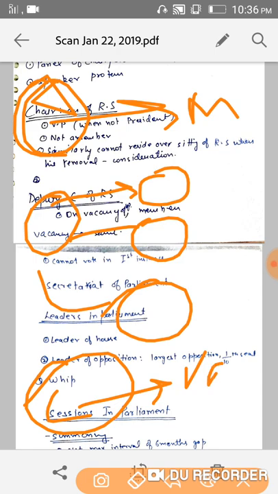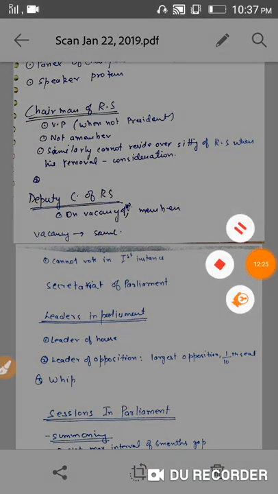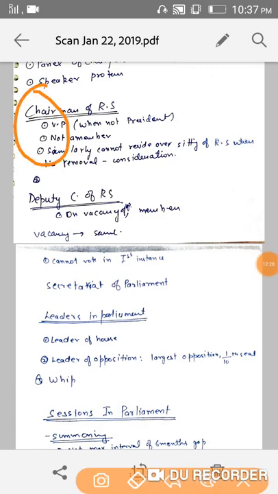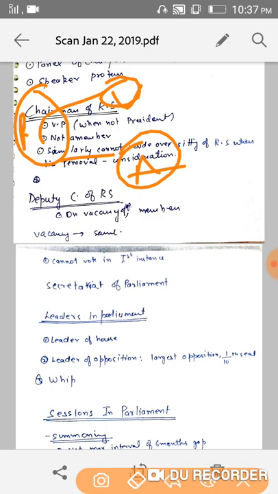He performs the duty of the chairman when there is a vacancy. Yes, he presides over the Rajya Sabha if there is a vacancy in the chairman's post, or an absence, or he is not able to perform his duty otherwise.